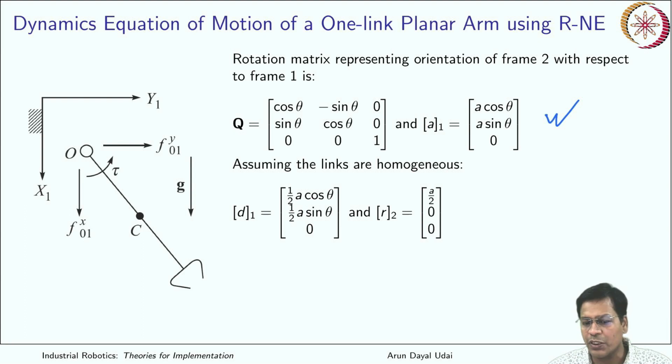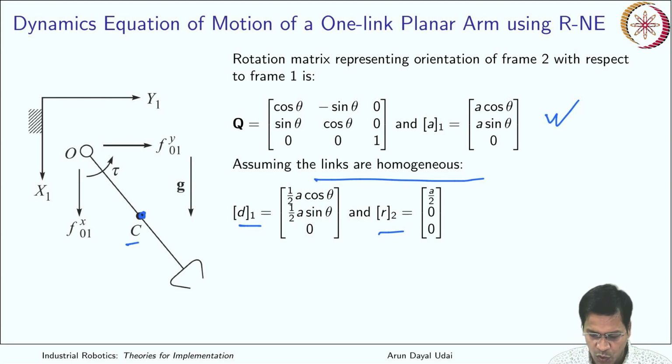Again, assuming the links to be homogeneous, I am assuming this link has uniform mass and it is slender, and the mass is uniformly distributed all over. So the center of gravity is exactly midway, somewhere over here. This is your C1 location. So d1 and r1 can be given as this.